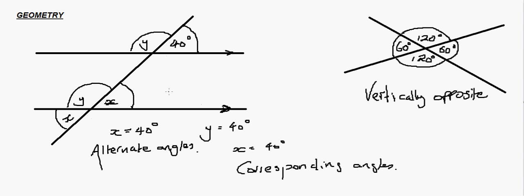Now, there is just one other one. Now, if I took this angle here, I'll call that y because that's y. This angle and this angle are what we call supplementary angles. Okay, they are supplementary.